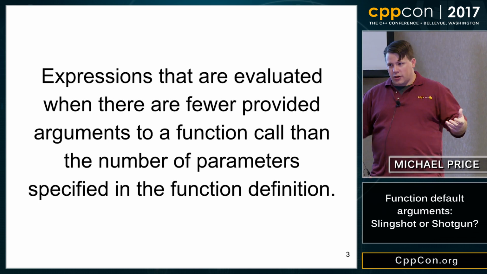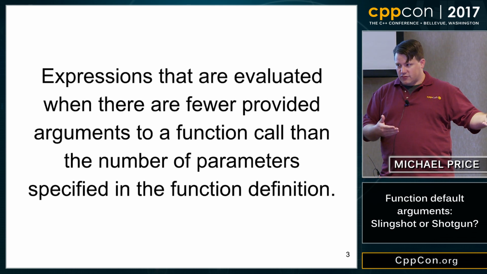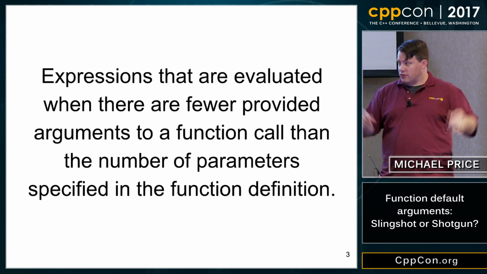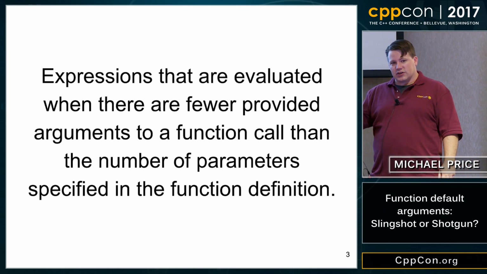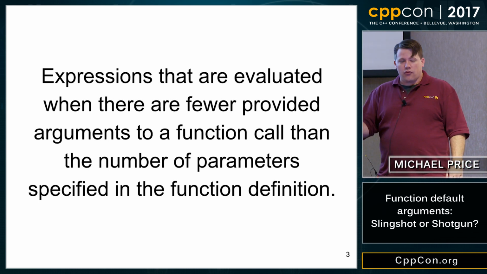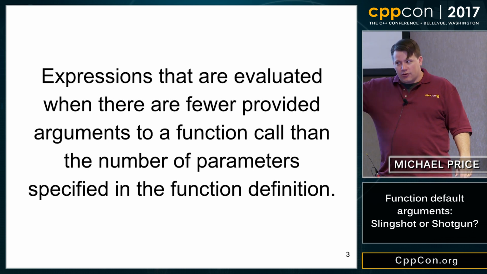Normally, this would be a compilation error. You didn't provide enough arguments to satisfy the signature for this function. But if the definition or declaration of the function has specified default arguments, then you can leave off arguments at the end of your call.